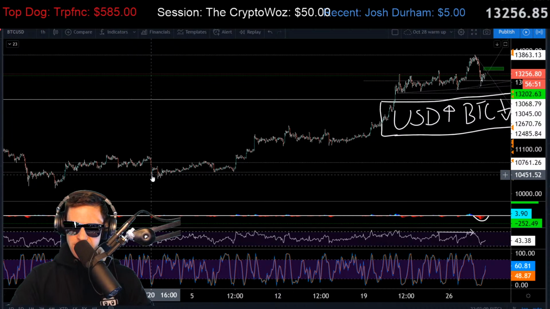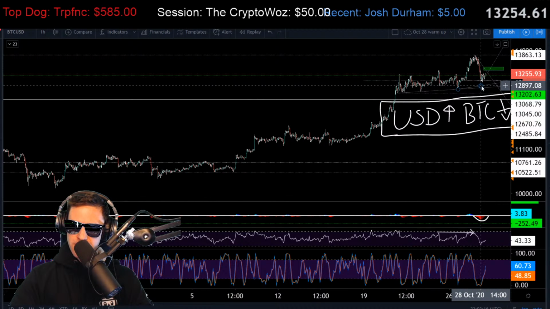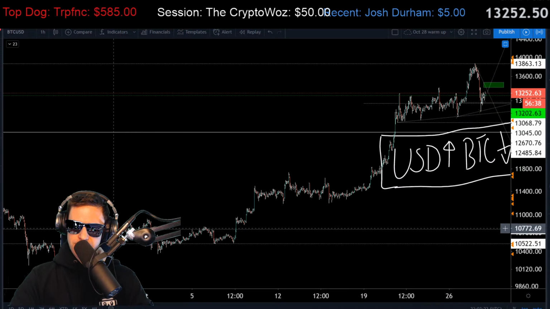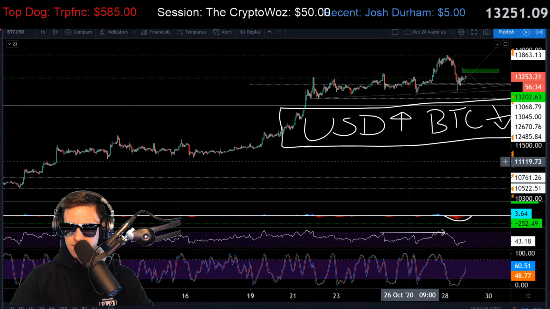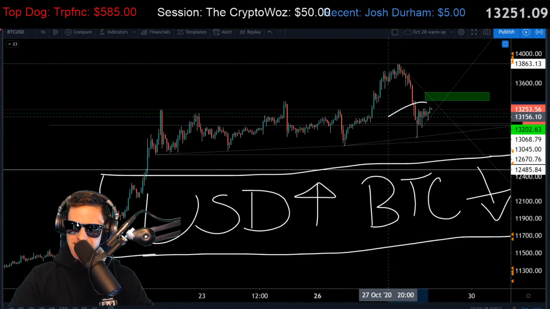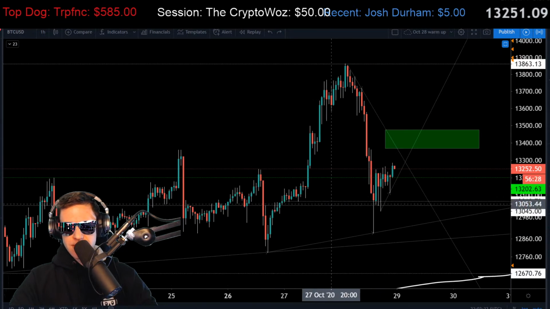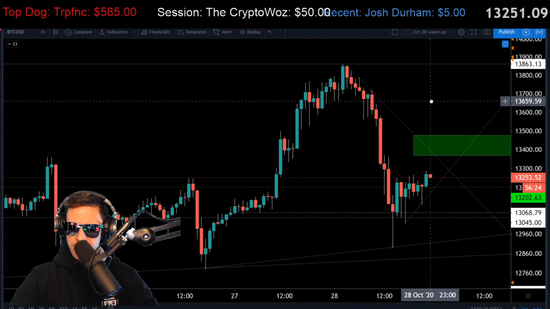This is the only lower point, at 10,450, than this touch of 12,900-ish on the hour. That was the most intense selling in a 1 hour time frame since right here. That is insane strength shown by Bitcoin, really flexing its muscles, showing the world that it is a safe haven asset.